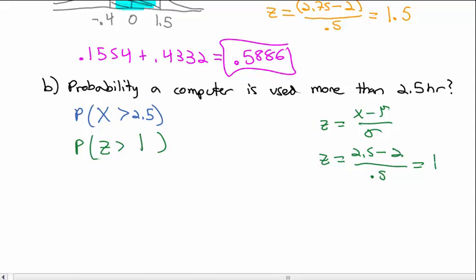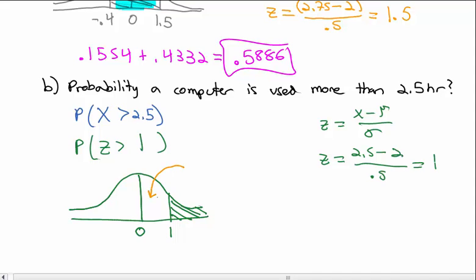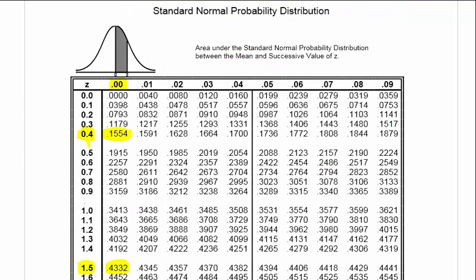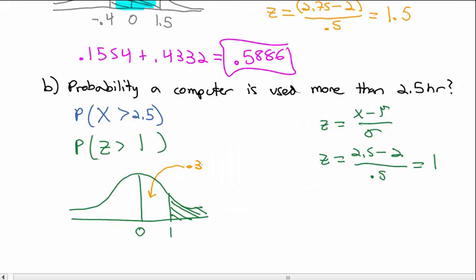So we want to know the probability that z is greater than 1. So we have our mean of 0, our z of 1, and we want to be greater. However, remember the table is going to give the area between 0 and 1. So let's find that. 1.0, no decimal afterwards, so that's 0.3413.